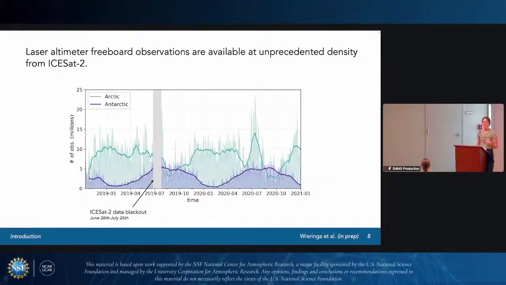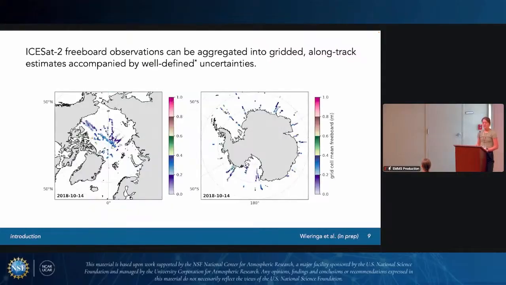From that, we can extract a representative observational value and more accurately constrain various sources of observational uncertainty with that grid cell level observation, which generates an along-track gridded freeboard product or data set that we think is potentially quite useful from the perspective of trying to constrain a sea ice model.